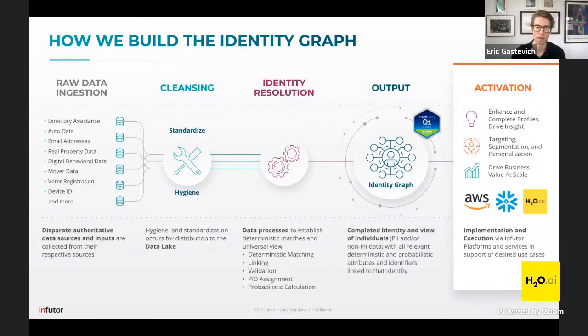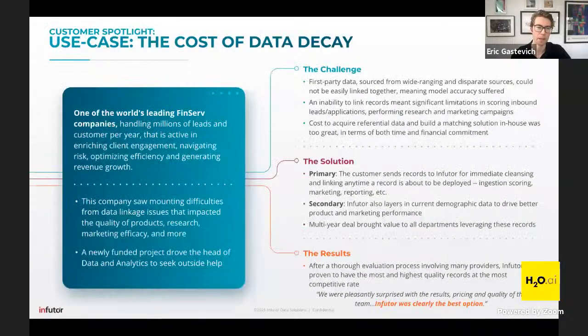H2O is a wonderful thought leader in pushing and evangelizing AI and the democratization of it along with data. And it's that software that really helps unlock the value of data sets like we have to offer. I very quickly am going to mention a use case because I was just meeting with them earlier this week and I thought it was relevant here before we get into a live demo.